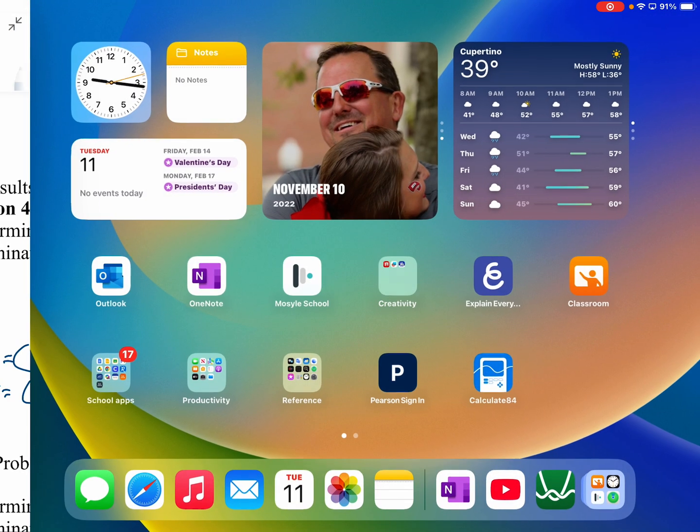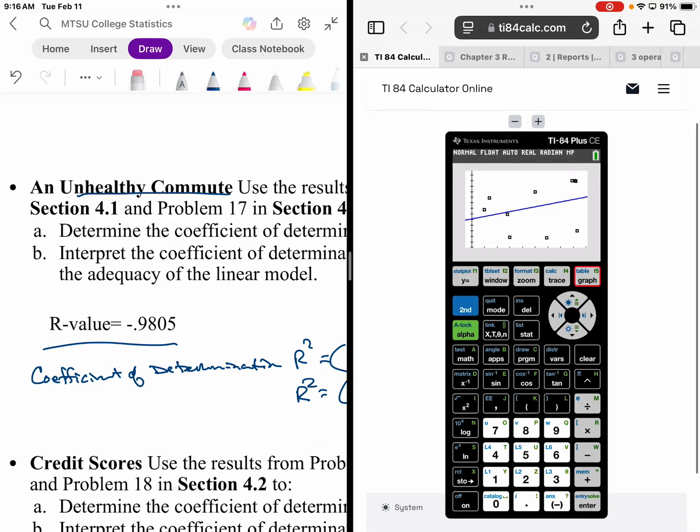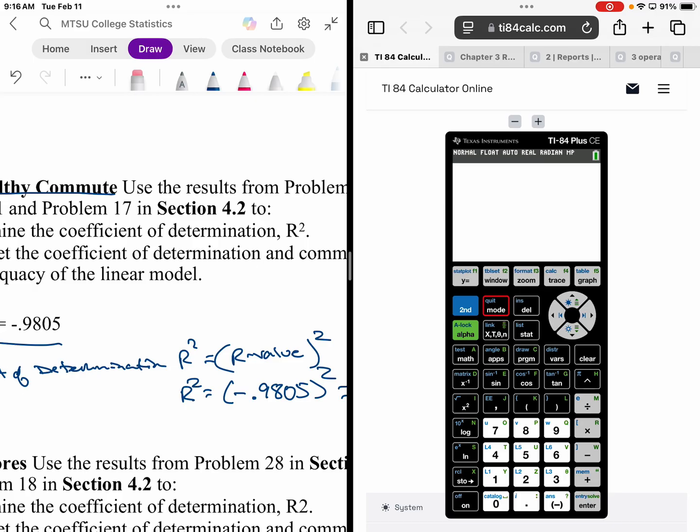We would want to use as many decimals as they give us. So I go through and say, quantity negative 0.9805 squared, and I get that my R squared value is 0.9614. I'm going to go ahead and round it to the fourth place.